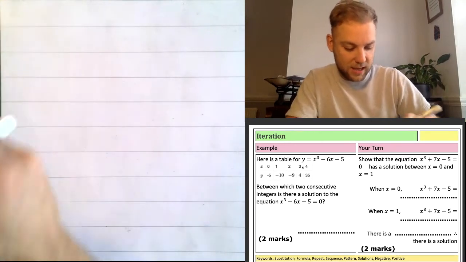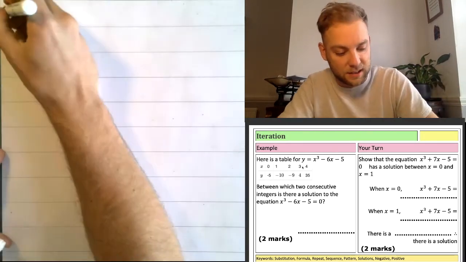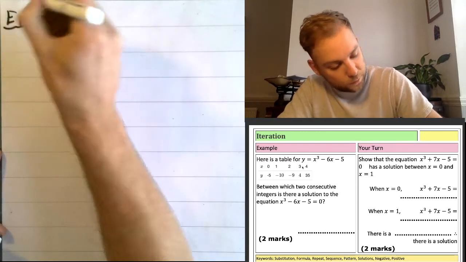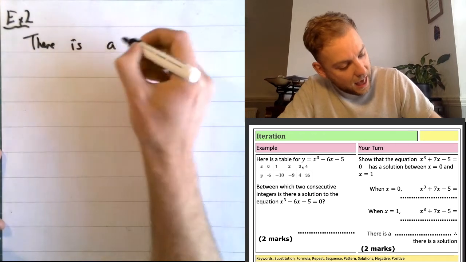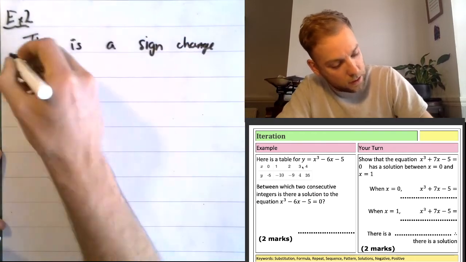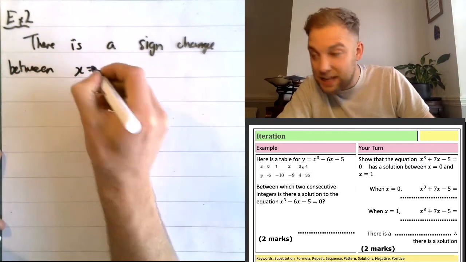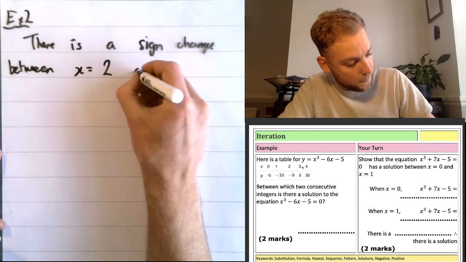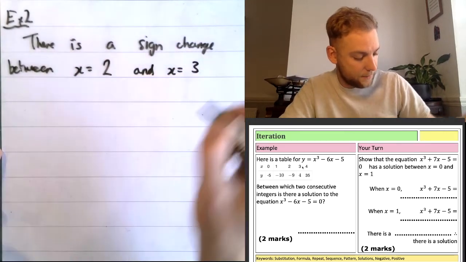So this one here is example 2, but it's just an idea of pushing this idea of the sign change. So example 2, there is a sign change, that's the important part, between x equals 2 and x equals 3.